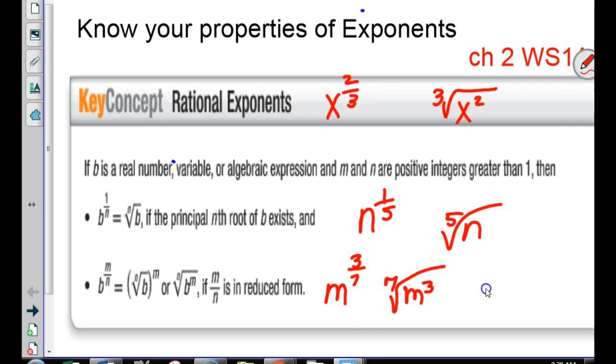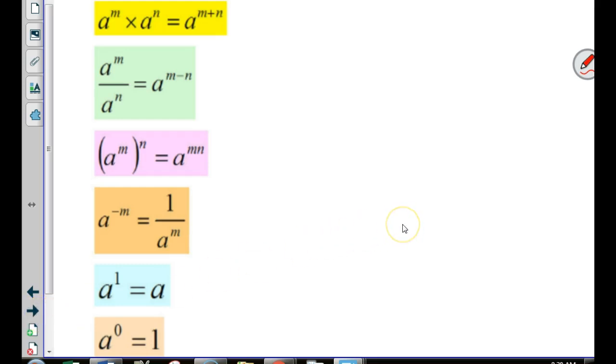It's also okay to say the 7th root of, oh, that was a squiggly 7, sorry. And then I'm going to cube it. The order doesn't matter. Sound familiar, all that?